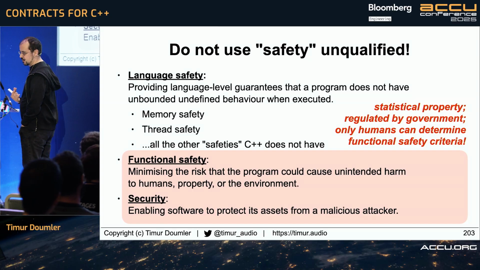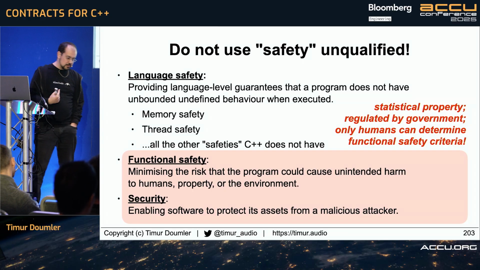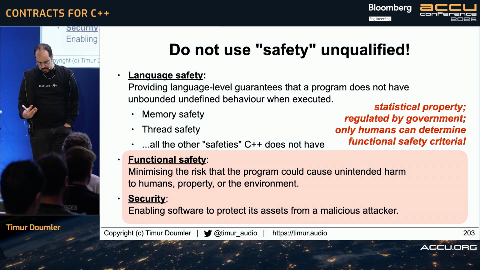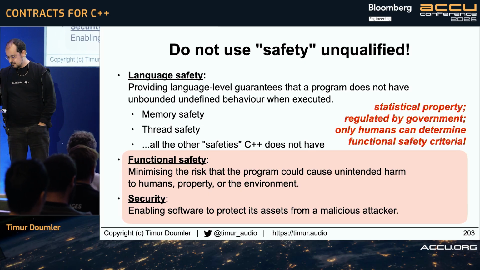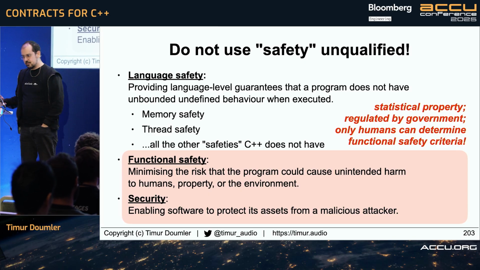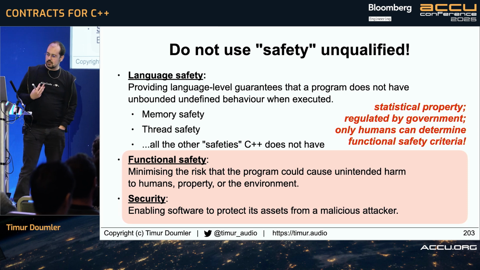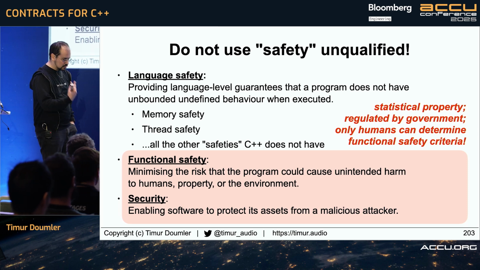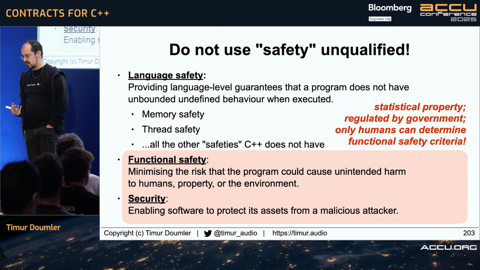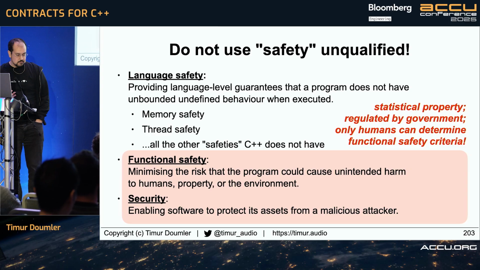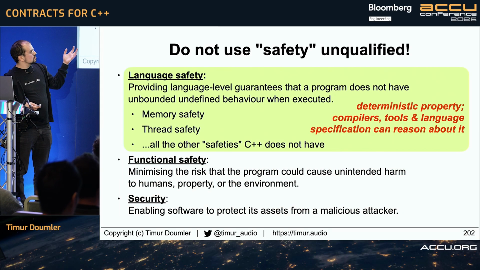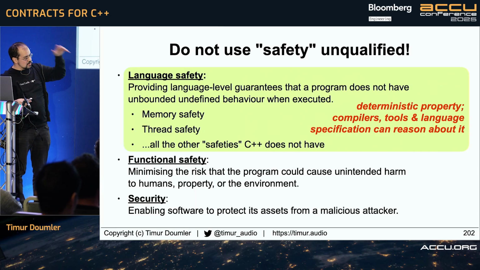It's a statistical property. Determining whether something is safe or not, at least in software, hardware and engineering, usually is regulated somehow by government agencies or something like this. And only humans can really determine whether something is functionally safe. The computer doesn't know that, right? So contracts are really not a tool for this. They don't change the rules of the language.